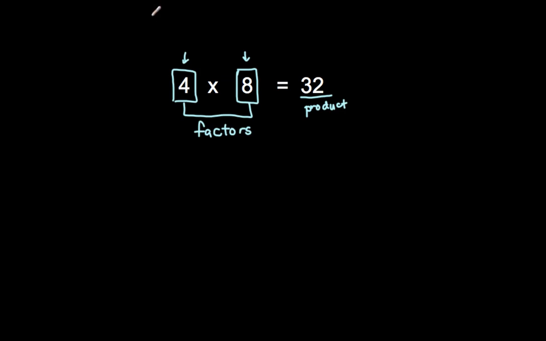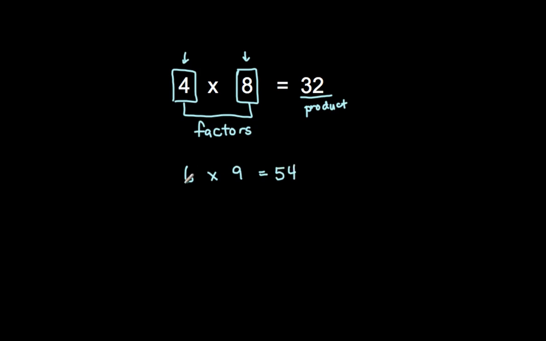Once you understand that, and you know your basic multiplication facts, like 4 times 8 is 32, 5 times 4 is 20, 6 times 9 is 54, then we can actually move forward. Let me write this down again. We have 6 times 9 equals 54.